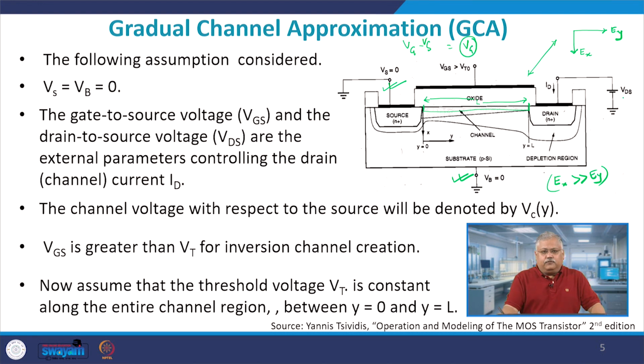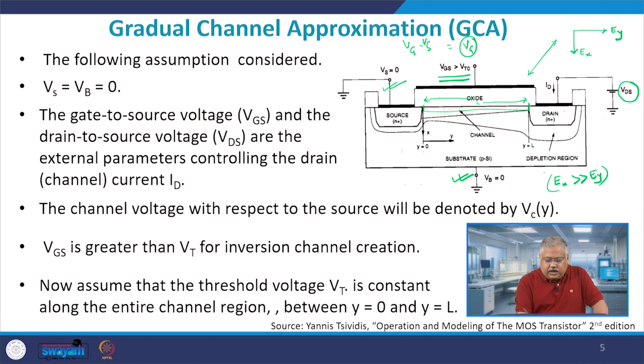Similarly, I apply a drain voltage with respect to source again, and therefore write it as VDS, correct. So I have a VDS on the drain side and a VGS on the gate side, and I am assuming that the gate voltage is greater than the threshold voltage of the device. So I have assumed that my VGS is greater than the threshold voltage of the device.